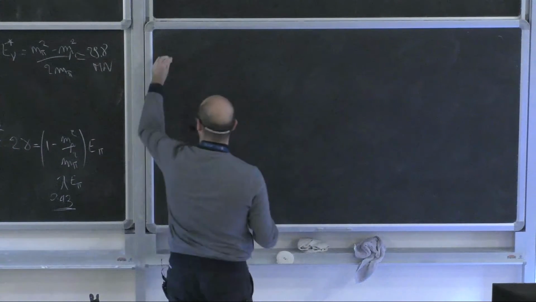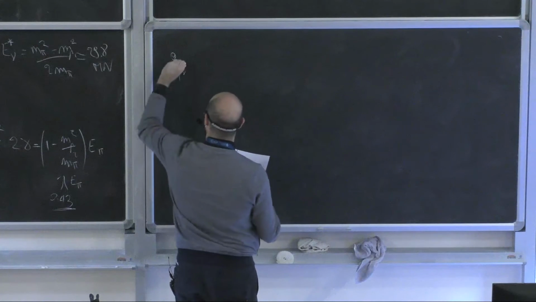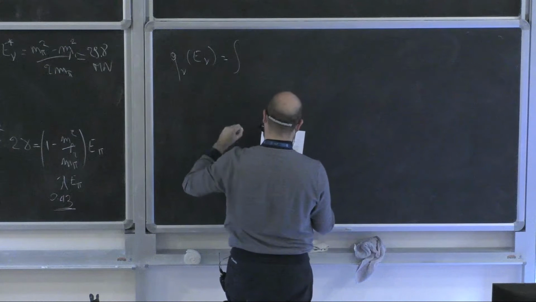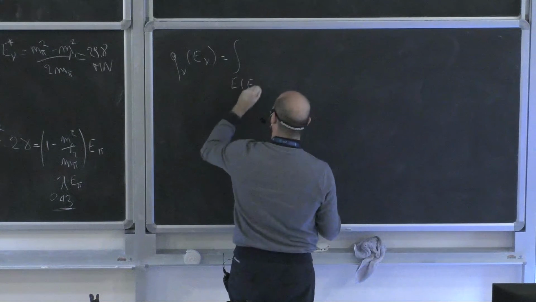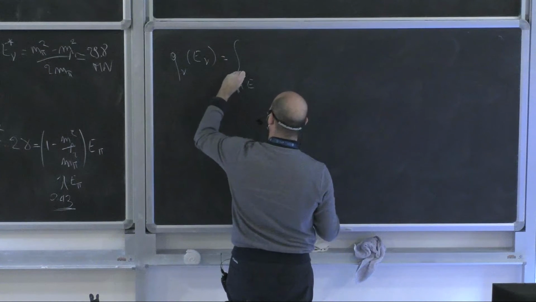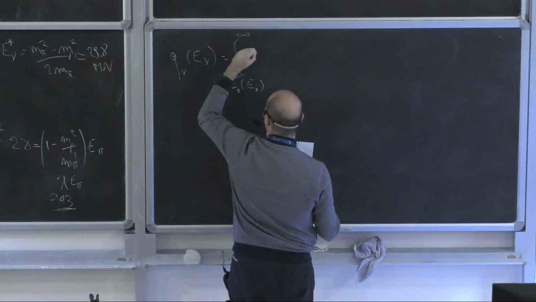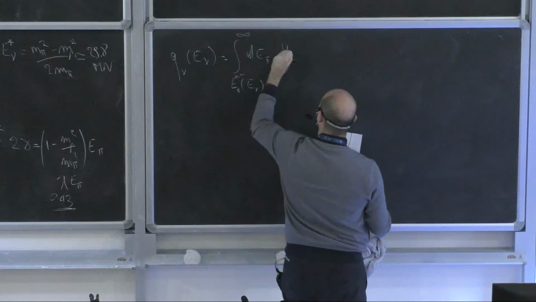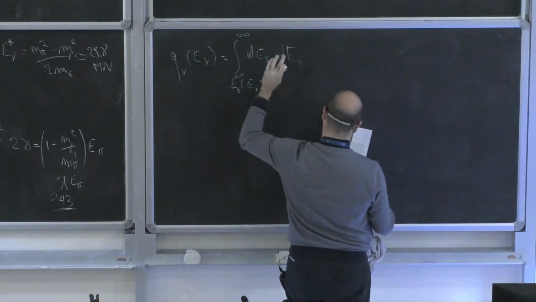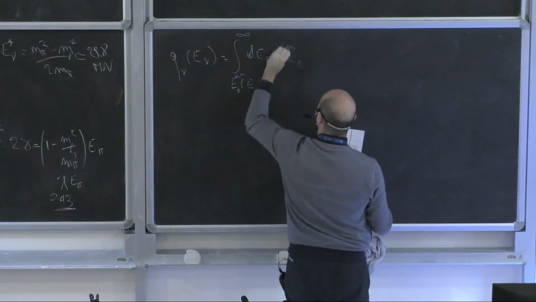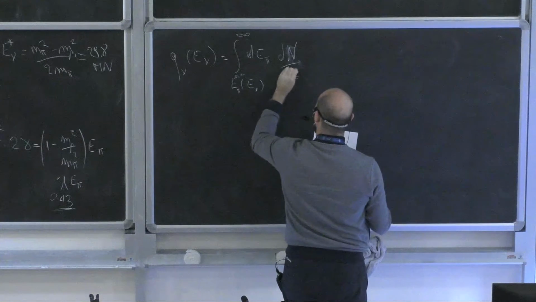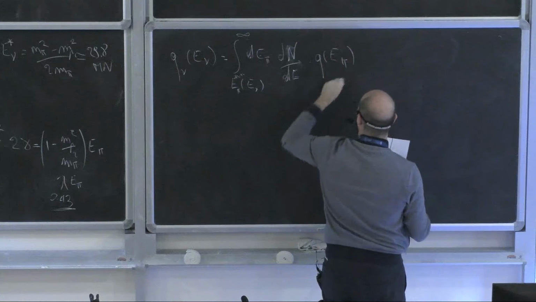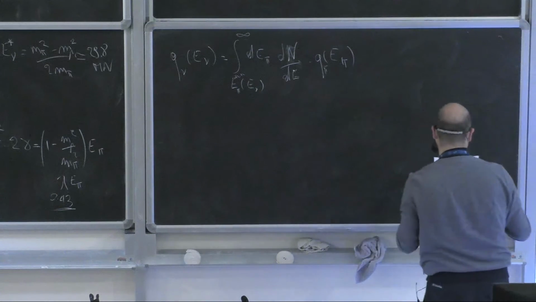And then we can proceed as before. The source term of neutrino energies is given by the integral from the minimum pion energy associated to the energy E nu up to infinity, integrated over all pion energies, dN over dE times Q of E pion. Now this is the source term of the charged pions, of course.